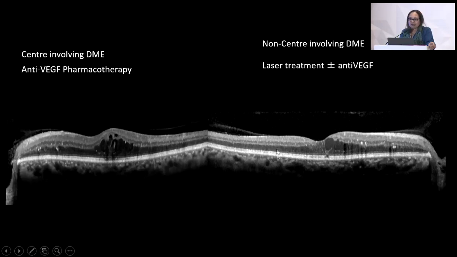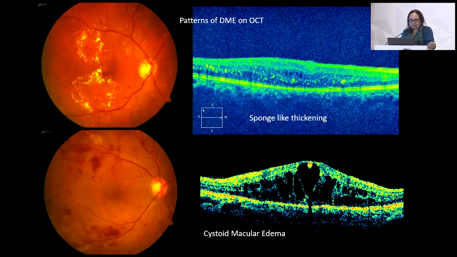The second kind is the macular edema which is not really involving the fovea, which is away from the fovea. These are the patients where you might consider laser. But be mindful that, looking at the OCT map, the thickness has to be more than 300 or 350 micron before you jump on to starting any kind of treatment.